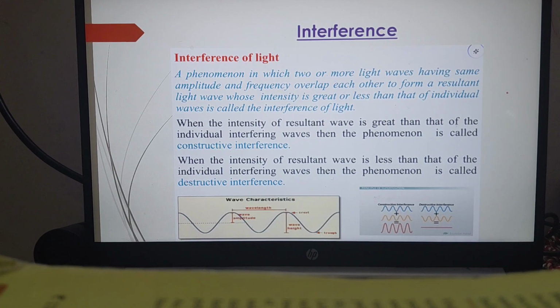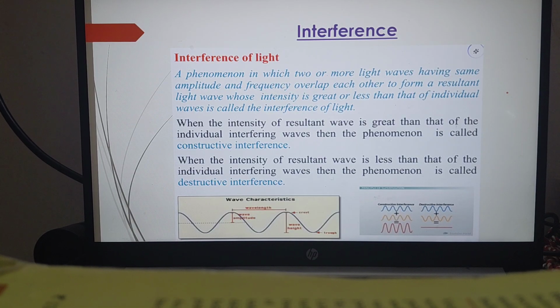Good evening, students. In the last class, we discussed what light is, the types of light, the characteristics of waves of light, the principle of superposition, coherent sources, and different characteristics of wave optics.